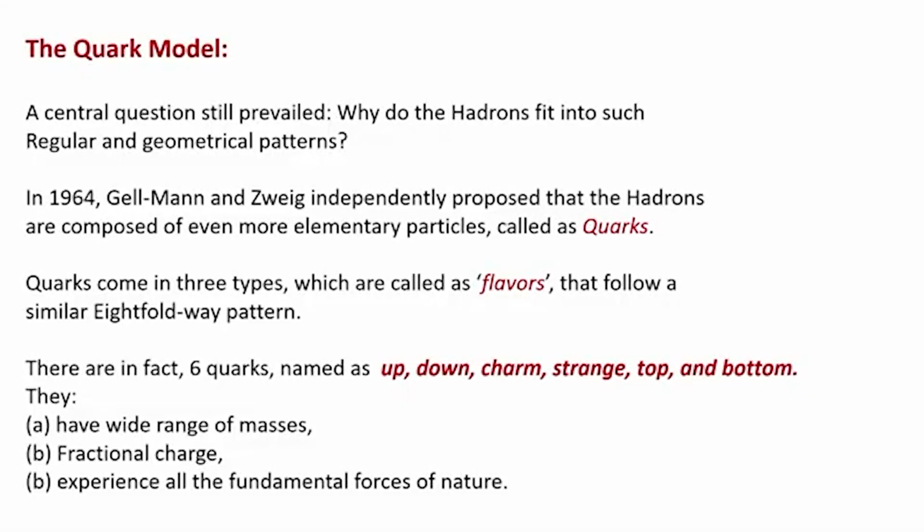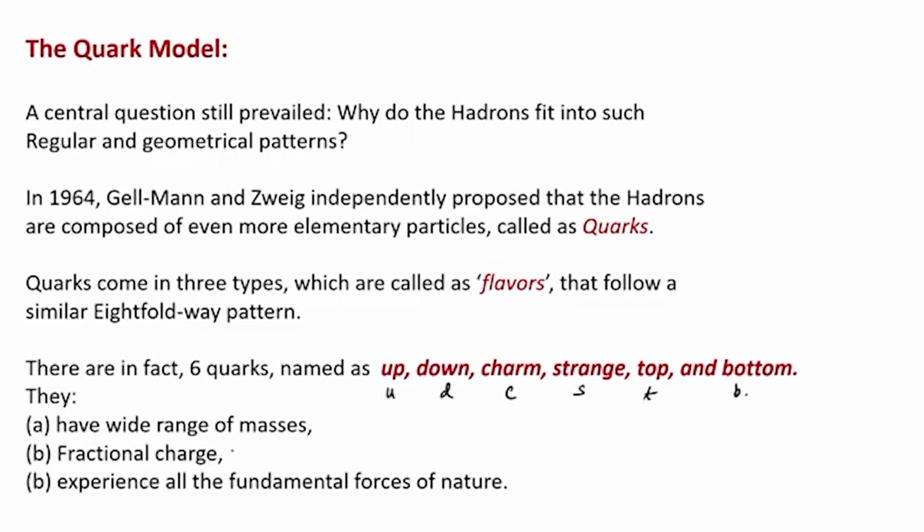There are 6 quarks: up, down, charm, strange, top and bottom. This is written as u, d, c, s, t and b. So, these are the 6 quarks.